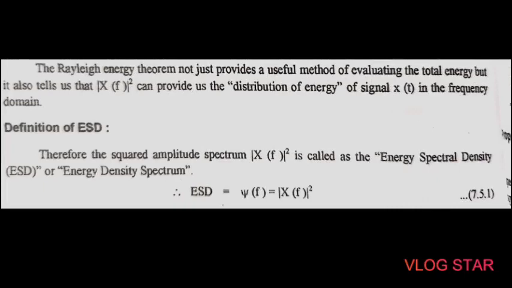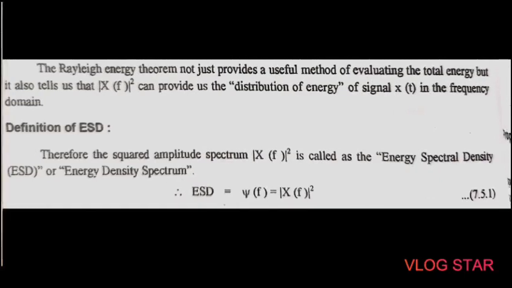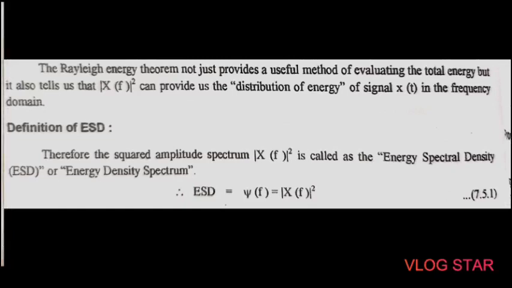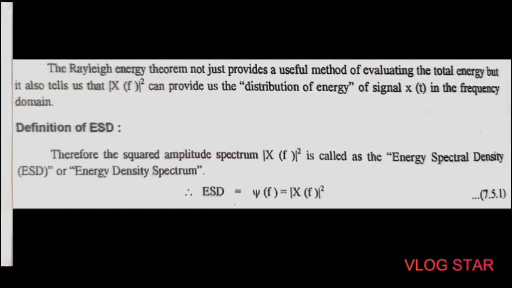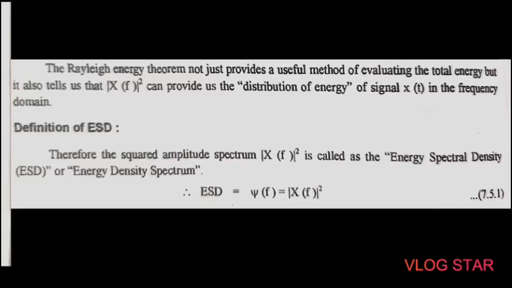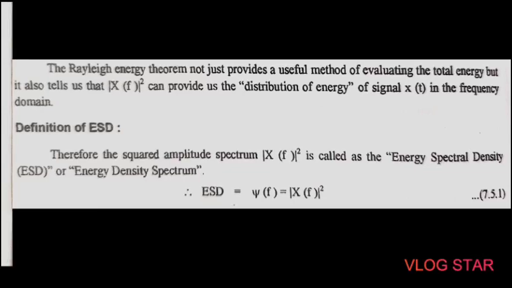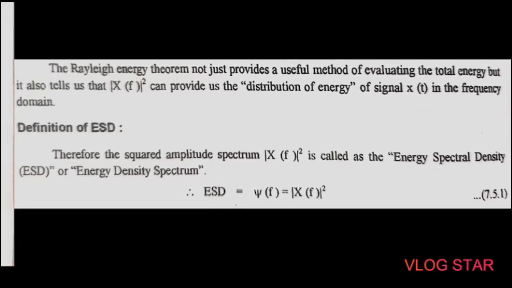Then after that we are going to discuss what is meant by energy and power signals. Okay, so in the first unit we have already discussed what is meant by energy and what is meant by power signals. Okay, a signal is called a power signal if its average normalized power is non-zero and finite, and the concept of this average normalized power has been explained in the previous section. So it has been observed that almost all the periodic signals are power signals.